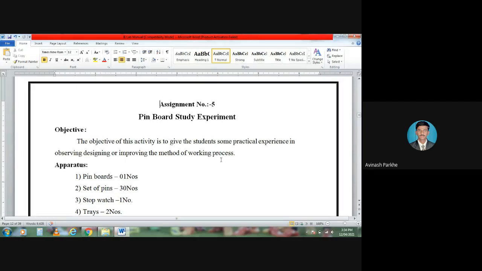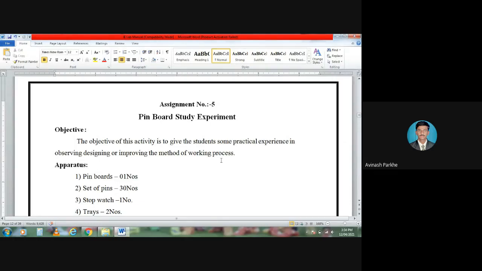Because in method number 1, I am using the right hand only, and I have to complete my 100% work with it. That means only the right hand is being utilized. But in the second method, 50% of the work will be completed by the left hand and 50% by the right hand, due to which my work will be completed in less time. And that experiment we have to perform here.